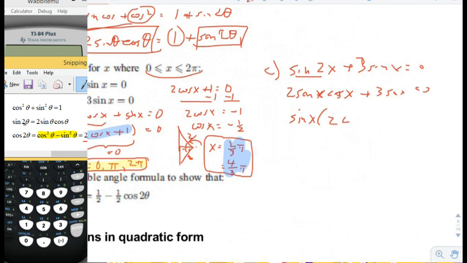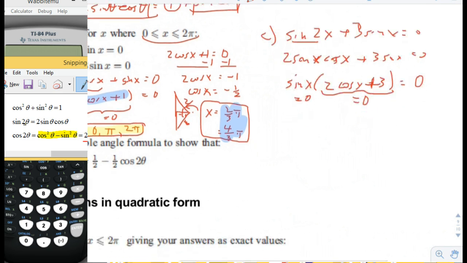And then we're going to solve these separately. So when does that equal 0, and when does that equal 0? Now, they're not going to equal 0 at the same time, but that doesn't matter. We already know that the solution for sine of x equal to 0 is 0, pi, and 2 pi.